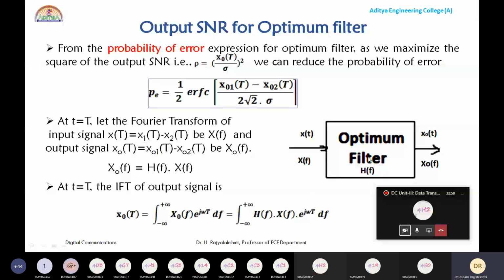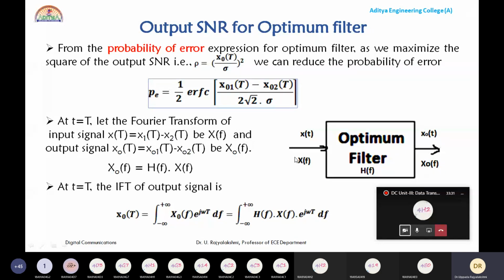So then we can define the filter transfer function H of f as the ratio of the output signal, X naught of f, divided by the input signal, X of f. In terms of the frequency domain, the transfer function is defined as the ratio of output signal to input signal.